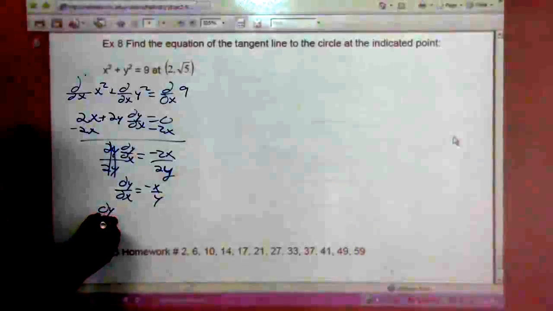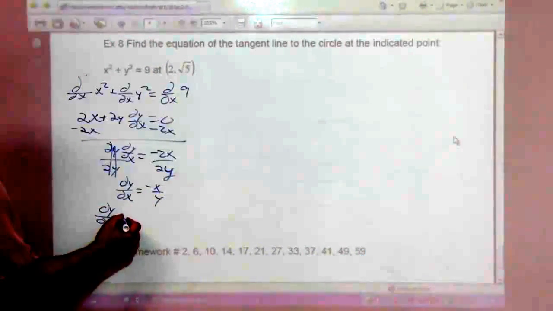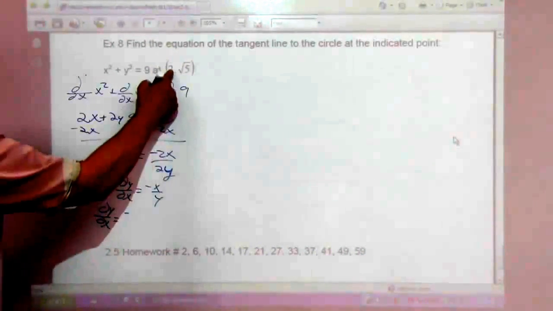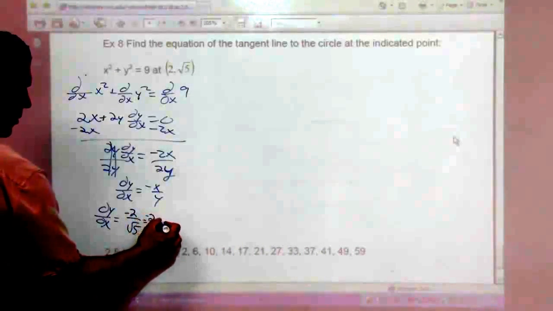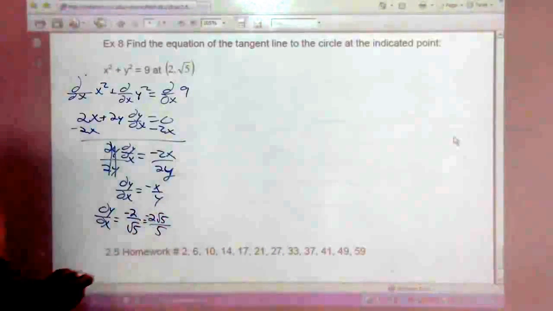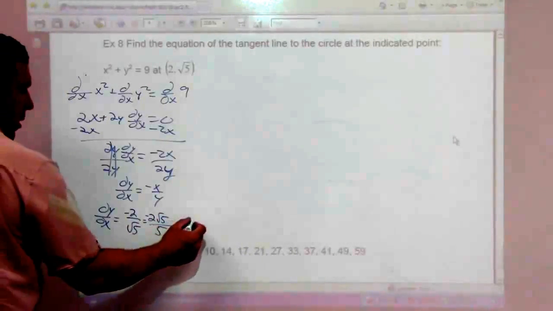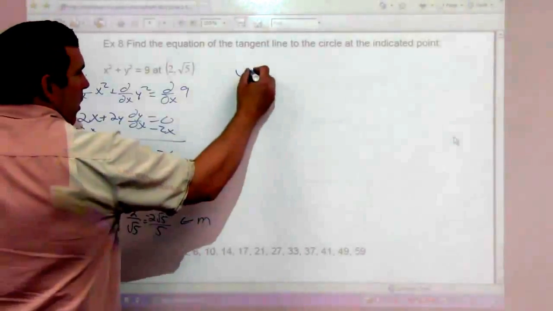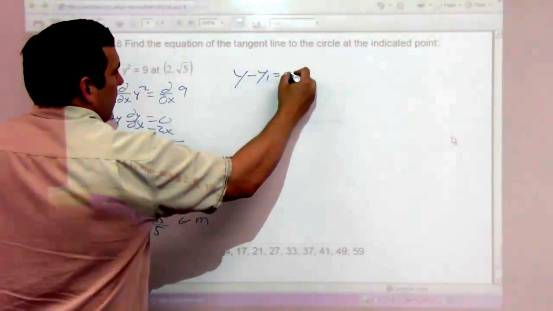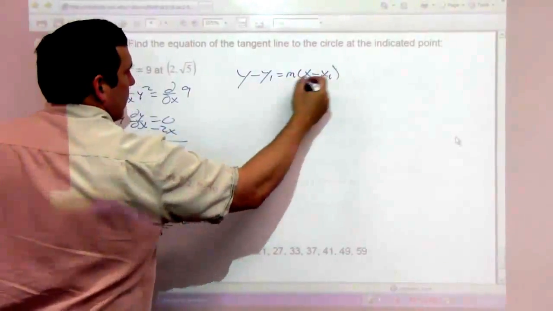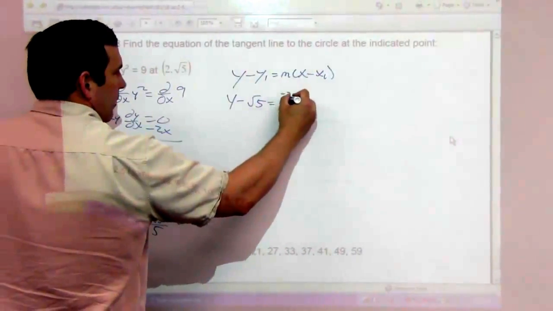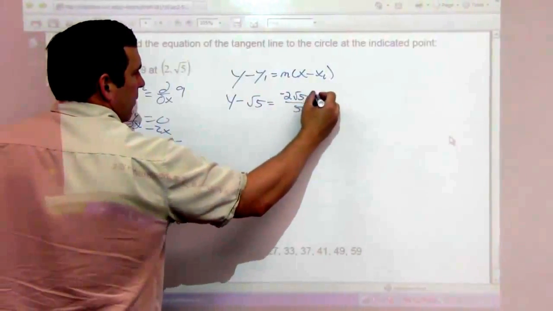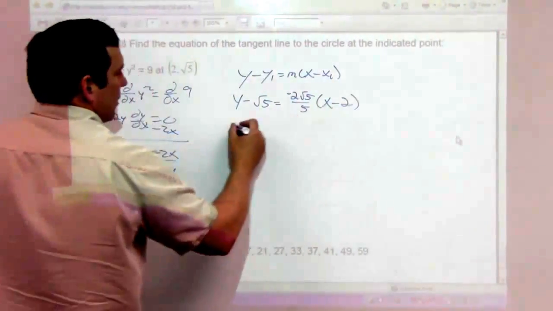So our dy dx is going to be the negative of 2 over the square root of 5, or negative 2 root 5 over 5. So there's our slope. So y minus y1 equals m times x minus x1. So y minus root 5 equals negative 2 root 5 over 5 times x minus 2.